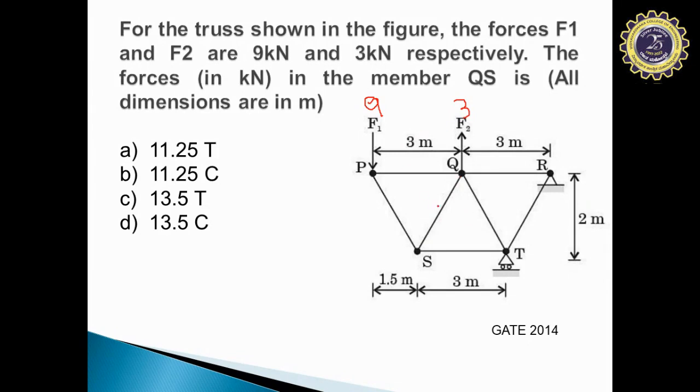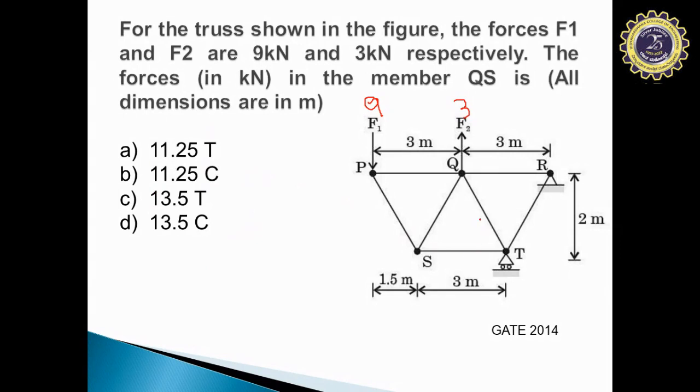Okay. And we need to find the force in member QS. Now look at the options. You can only get two answers, either 11.25 or 13.5. So these are the only two values. But if you make any mistake in writing or noting down the direction or the magnitude, you might end up with the wrong answer.